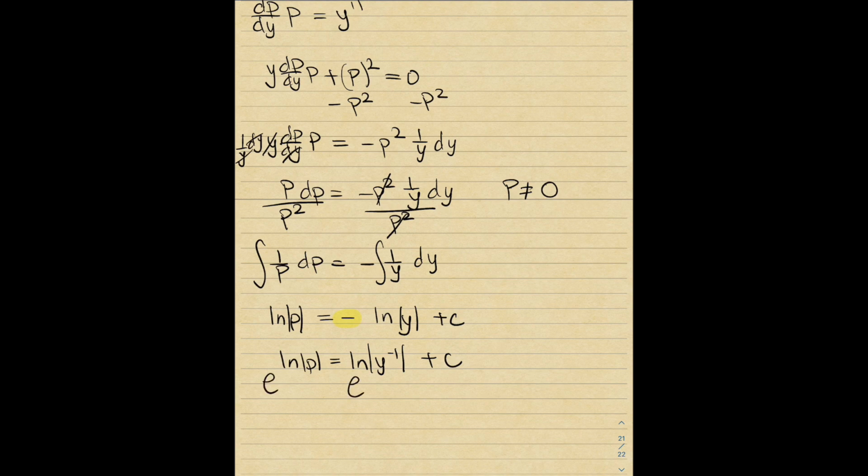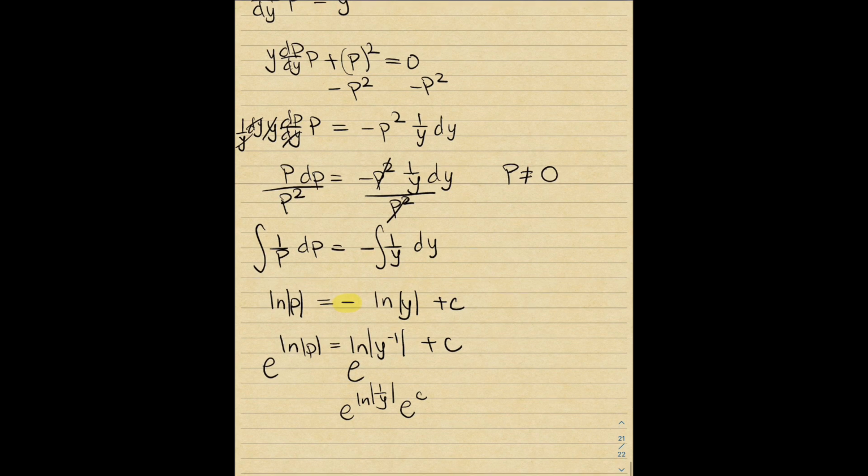As you can see, this is an exponent. When you're adding exponents, you multiply. So this is equivalent to e to the ln y to the negative 1, which is 1 over y, times e to the constant.